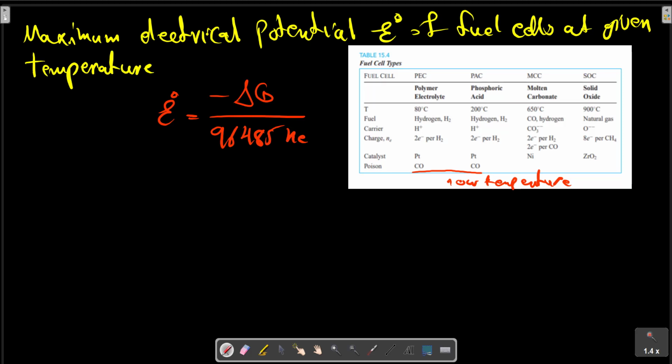The higher temperature fuel cells can reform natural gas, mainly methane, but also ethane and propane, as shown in the previous table, into hydrogen gas and carbon monoxide inside the cell.